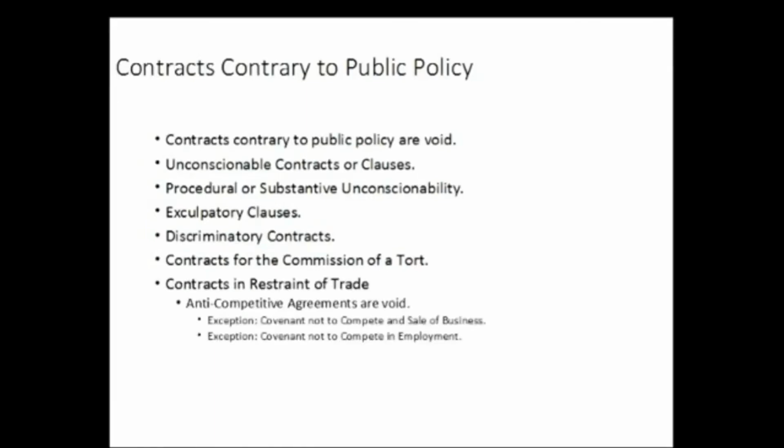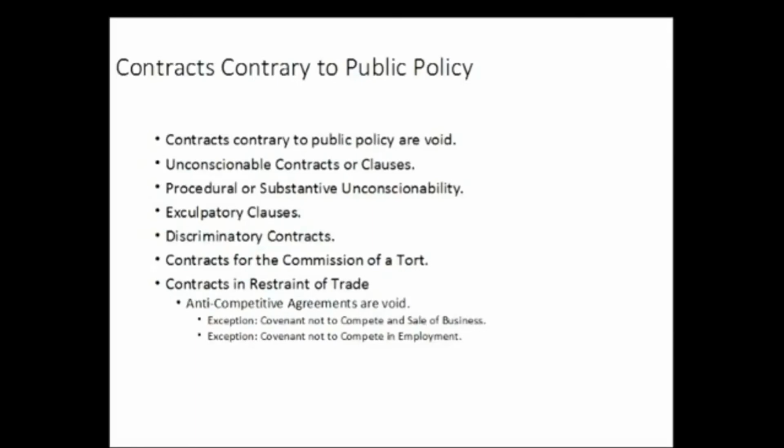Other contracts that are contrary to public policy can be considered void. Unconscionable contracts, things that the court looks at and says, this is simply unfair, the court can void. And they can be procedural or substantive unconscionability in terms of how the court decides if something is simply too far overreaching. That's what unconscionability means, overreaching.